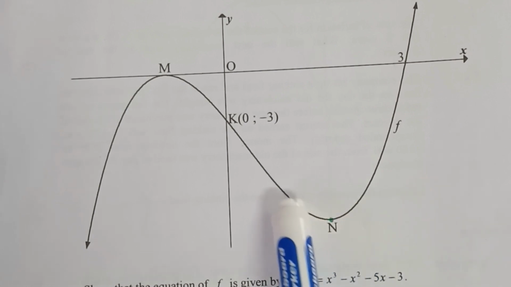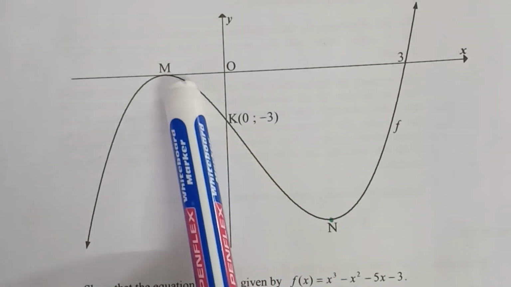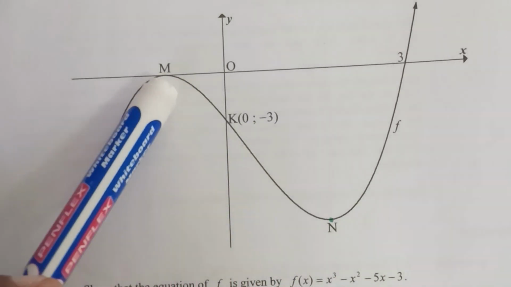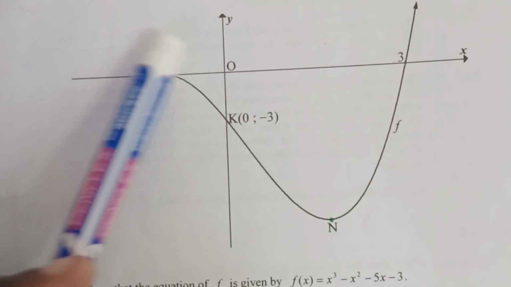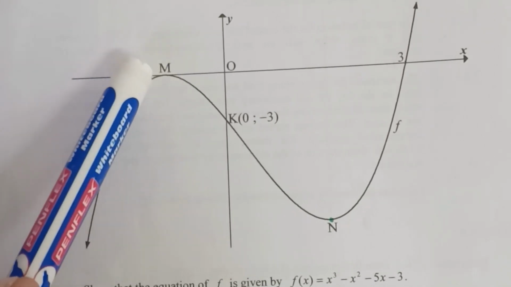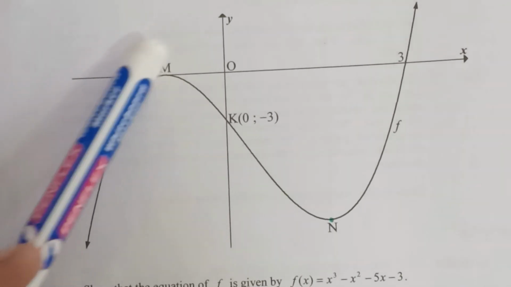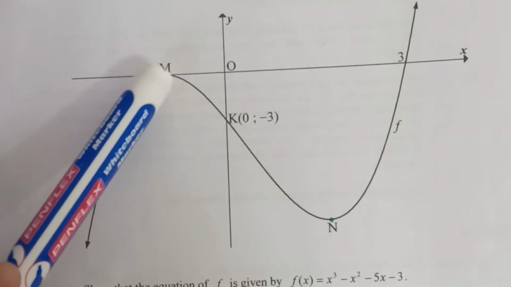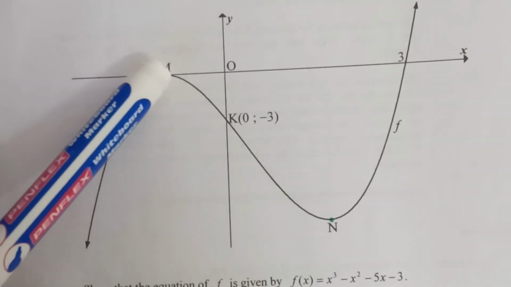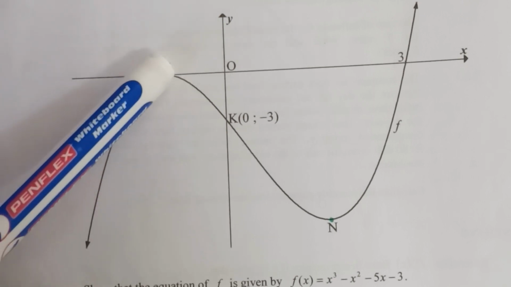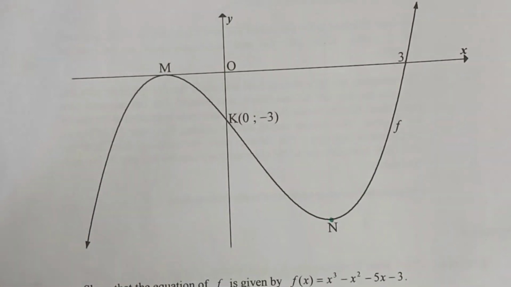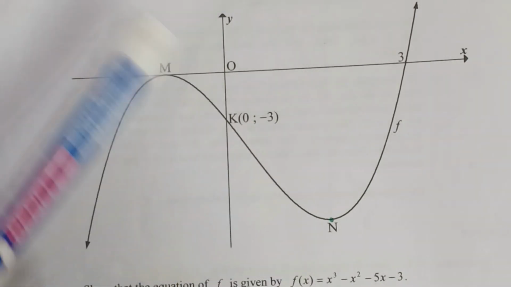It continues to be negative up to that point of m, that is the turning point, I mean. At that turning point, you find our value of y being 0. And 0, you can't say is negative or positive.